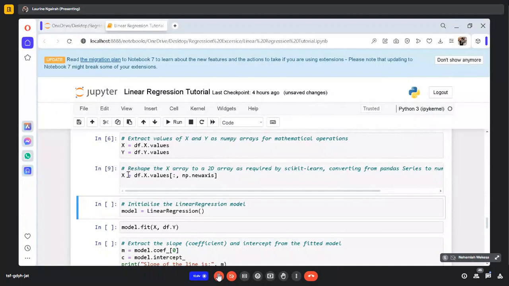So is it the first variable or is it the independent variable? Okay, let me see if I can touch on that a bit. Once you call out the values from the data frame, they are in arrays, meaning that they are not in matrix format, maybe a 2x2.